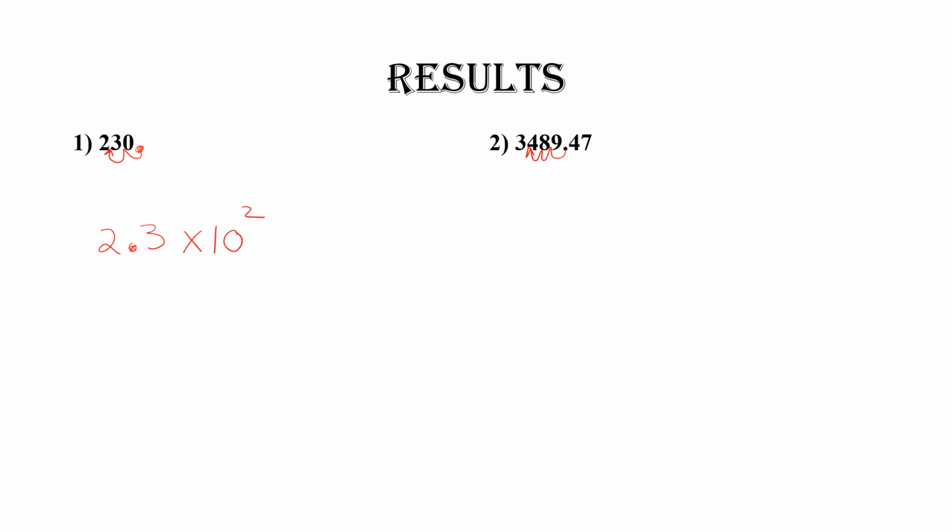That leaves us with 3.489447, multiplied by 10 to the power of 3. Why 3? Because I moved 1, 2, 3 places to my left. Why positive? Because again, I moved to the left. If I move to the right, it will be negative.